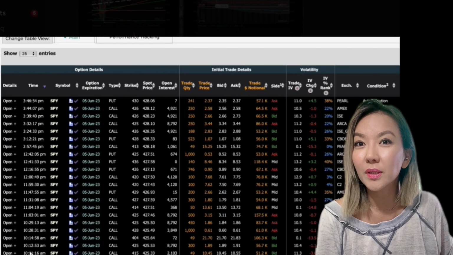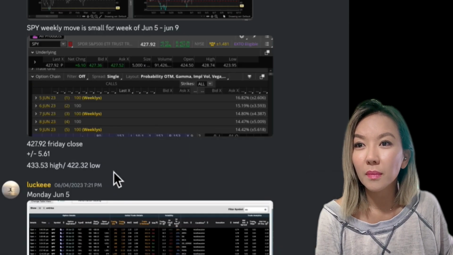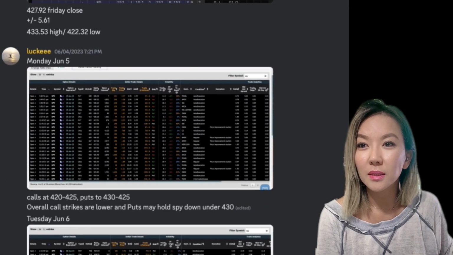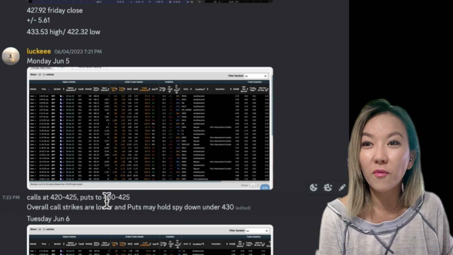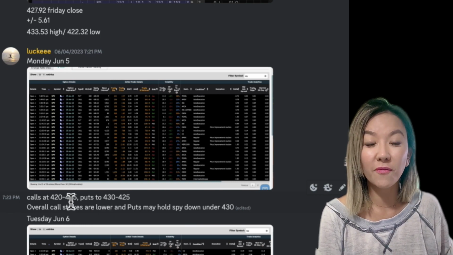So Monday, if you look over here, it's showing puts, calls, all of these. What I found was the majority of the puts, the lowest puts were at 430. The highest calls were at 425.